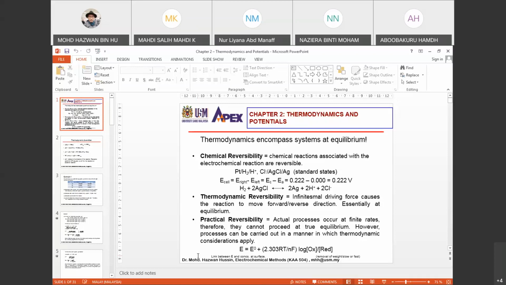And when you heat up, for example, your electrolyte, what can you imagine? The atoms inside your electrolyte will absorb the energy from outside, making them more vigorous, vibrating more, and the collision will occur more.